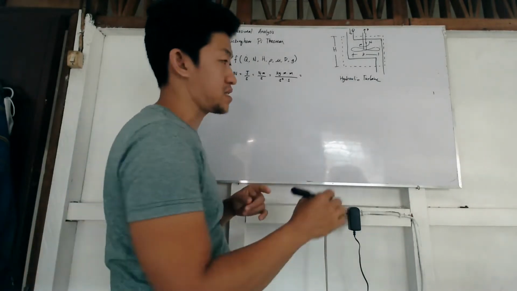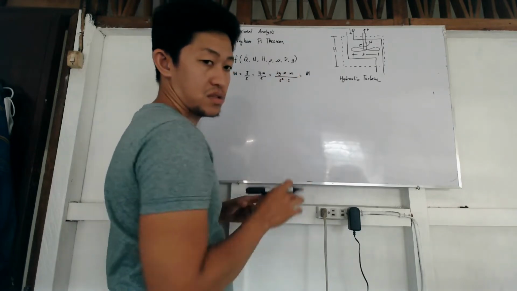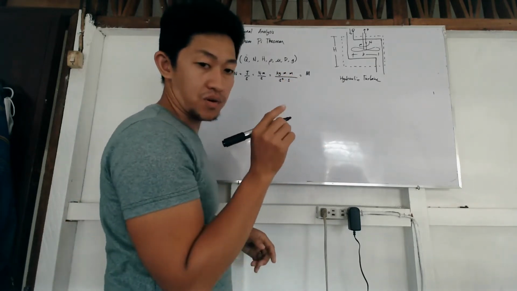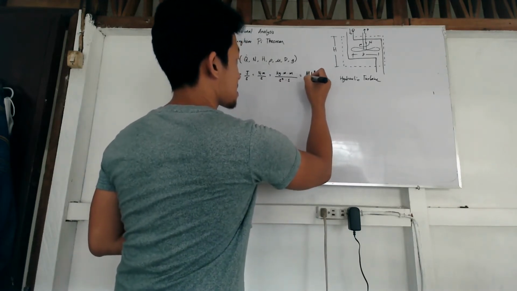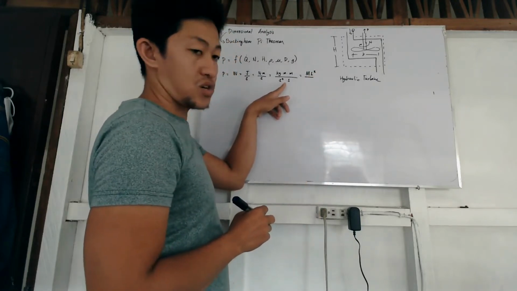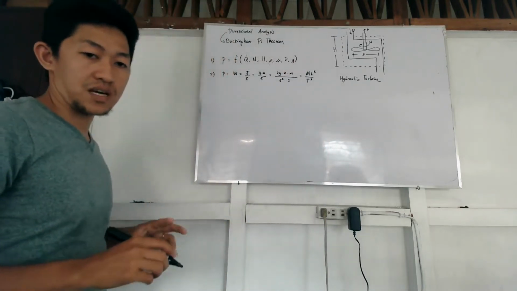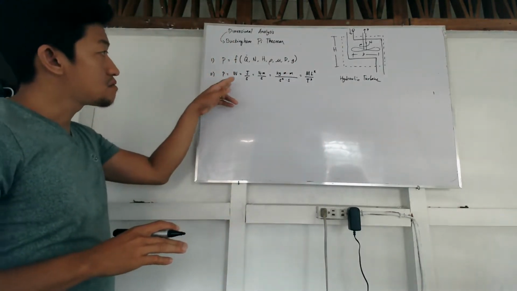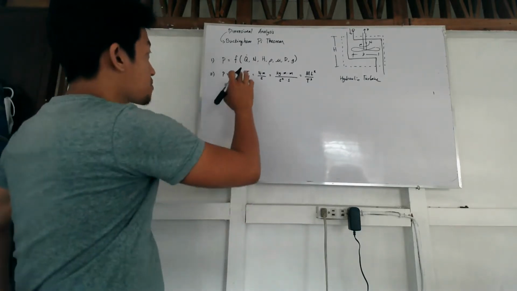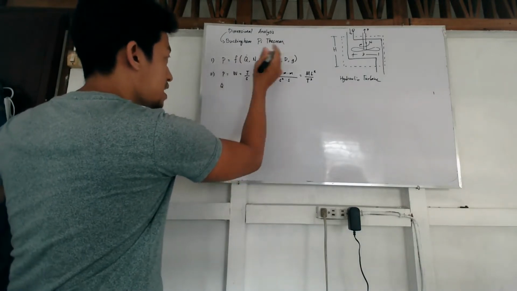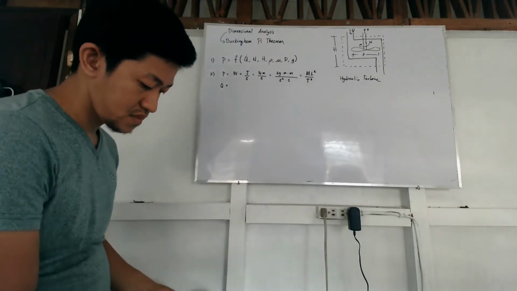This is mass, M. Meter times meter is meter squared, which is the unit of length, L squared. Seconds cubed is the unit of time, so T cubed. So you have expressed the variable into fundamental dimensions. The same goes for Q, the flow rate, and the other variables, so we will not do them one by one.